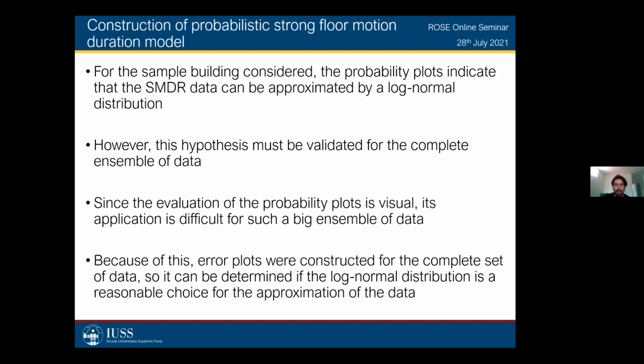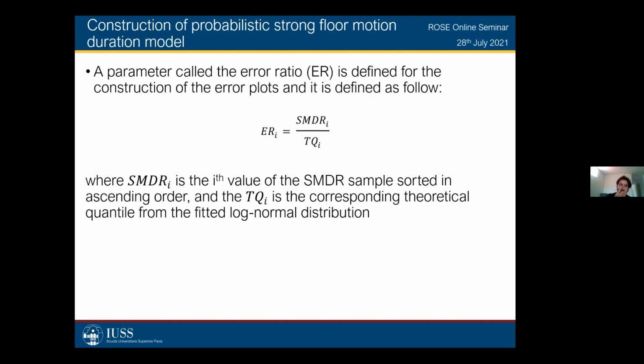to assess the whole ensemble of data. The error plots are constructed with a parameter called the error ratio, which is defined as you can see in there. Basically, the error ratio is the ratio between SMDR_i, that is the strong motion duration ratio of the i-th value of the sample sorted in ascending order.